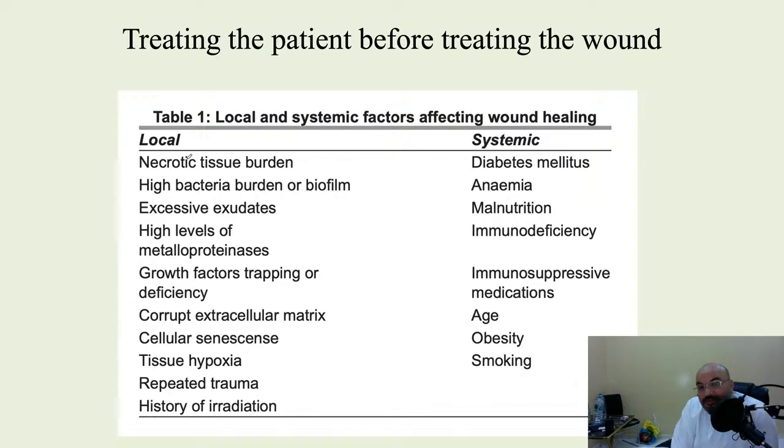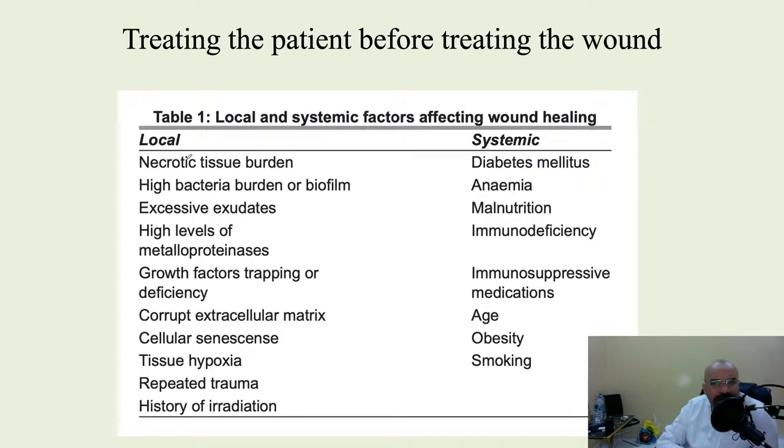It starts with systemic factors, such as diabetes, anemia, malnutrition, insufficiency. But the surprising information is that there are also other factors inside the wound that can lead to more tissue death, from the wound itself.